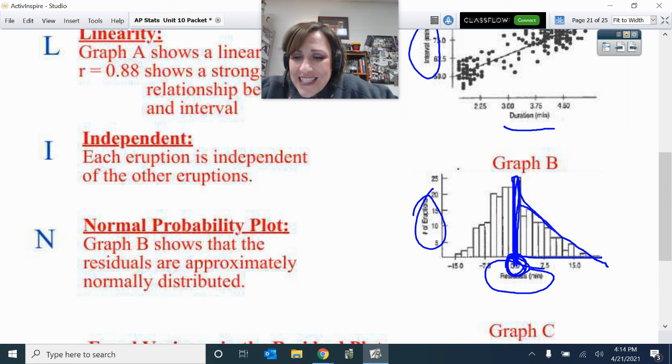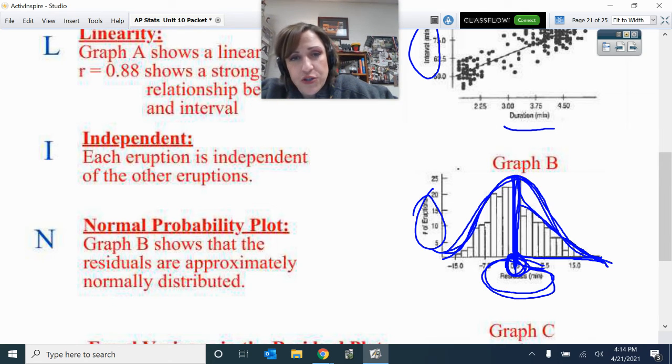So the idea is we're looking to see that these residuals are approximately normally distributed. So this graph is going to go with the normal probability plot.